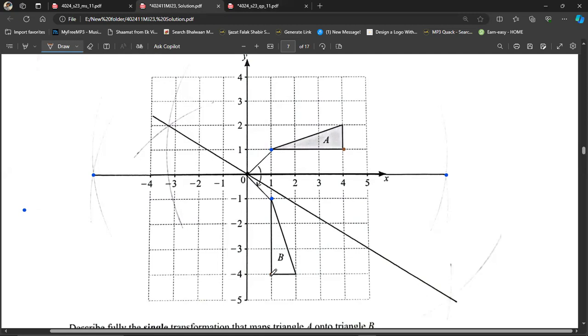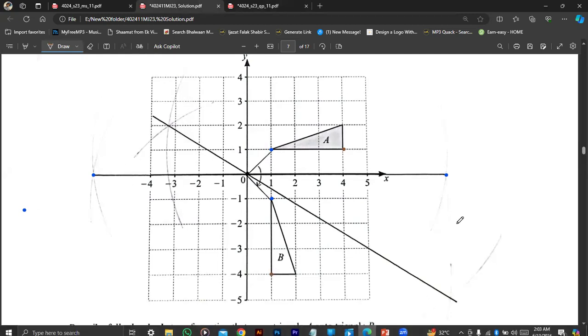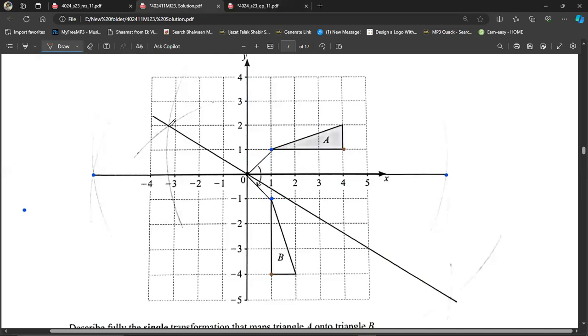Then I put my compass here, and I draw this arc, and I draw this arc. So these 2 arcs intersected here, and these 2 arcs have intersected here. So I join them. So this black line is the perpendicular bisector of the line joining these 2 corresponding points.